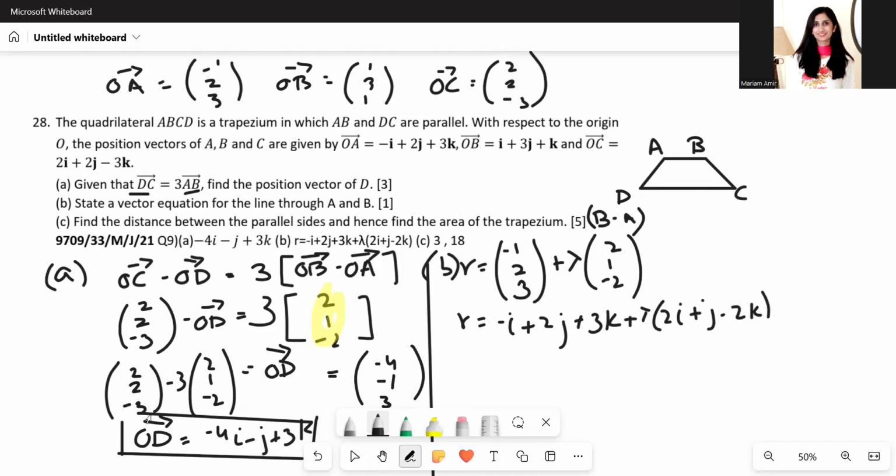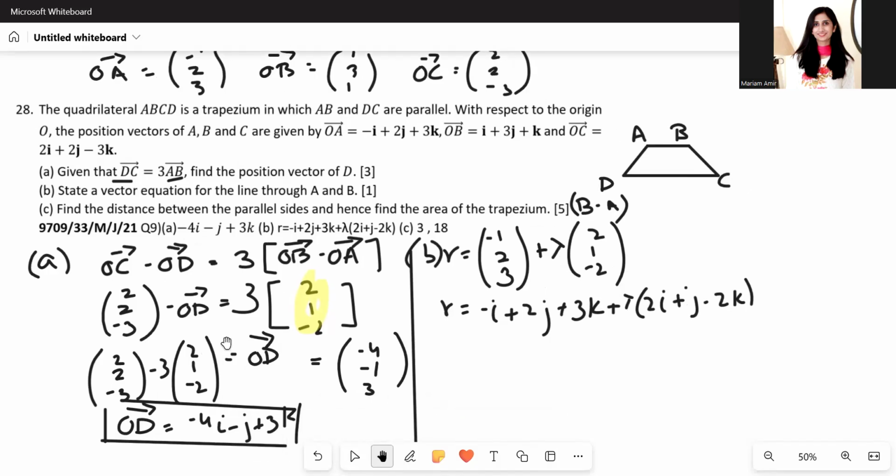Let me check the answer real quick. Okay, it's correct. Part C, find the distance between the parallel sides and hence find the area of the trapezium.